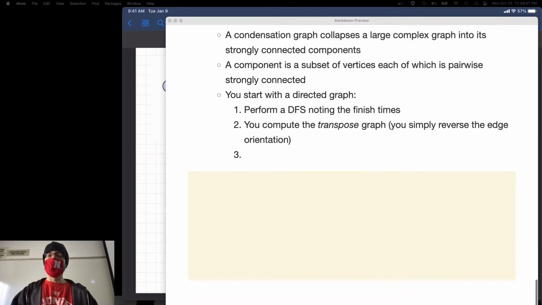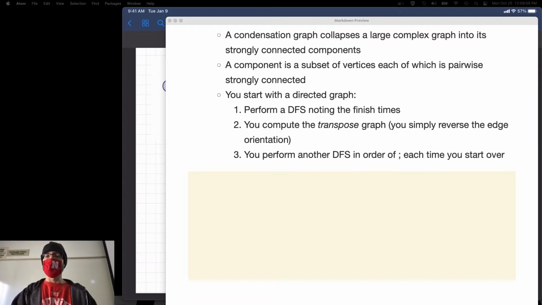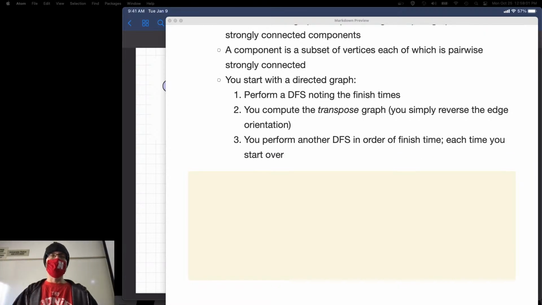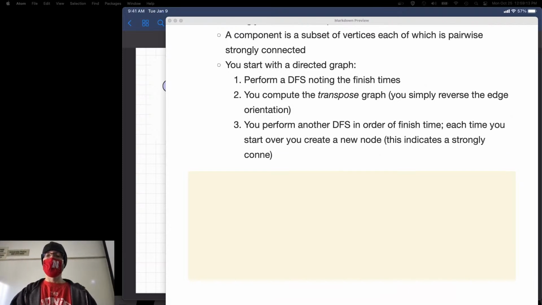Three, you perform another DFS, in order of finish time from the original first DFS. Each time you start over, you create a new node. This indicates a strongly connected component. I'm 90% sure that's finish times. If not, we'll have to come back and say starting times. But in any case.